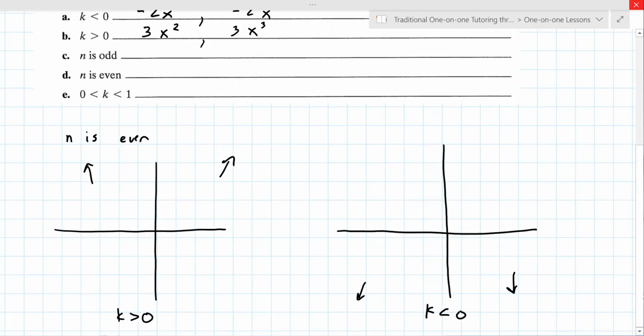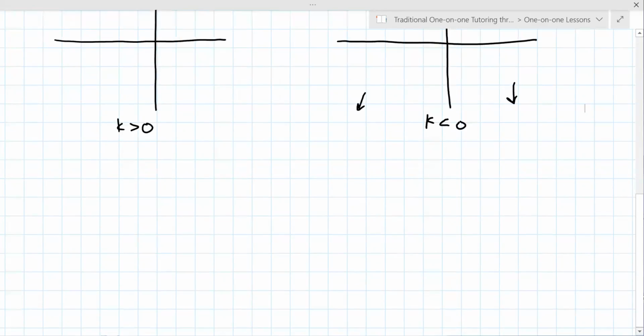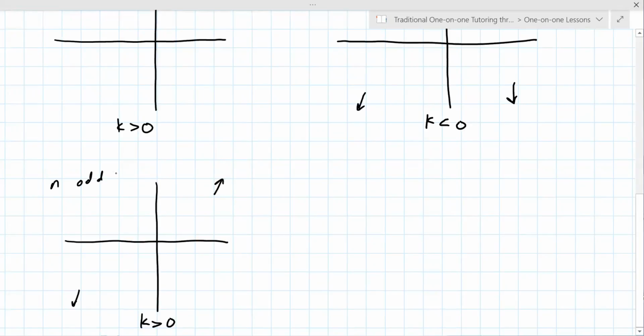So then if it's odd, there are two other graphs to consider as well. If n is odd, for k greater than 0, it starts low, ends high, and you can think of a cubic doing that.